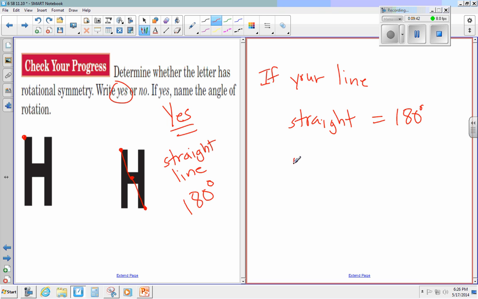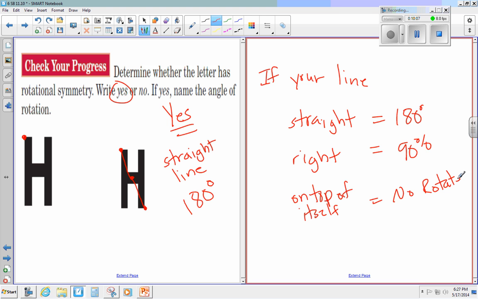If your line is a right angle, you have 90 degrees. If it is on top of itself, then that means no rotational symmetry. And I think these are the main ones you're going to be dealing with today. You might have a 45-degree rotation, which looks like something like that. You can estimate those rotations.